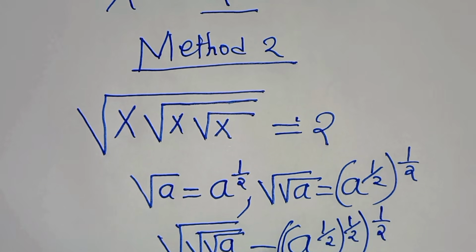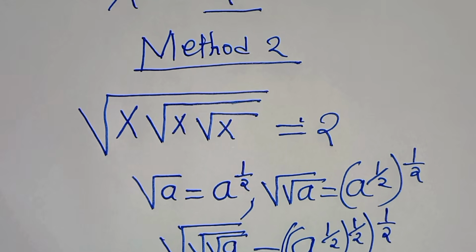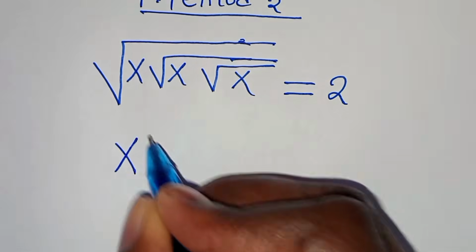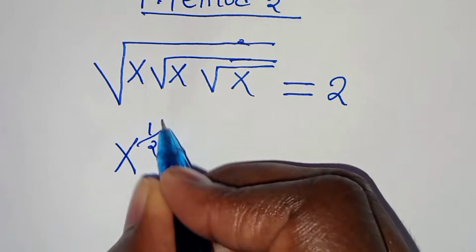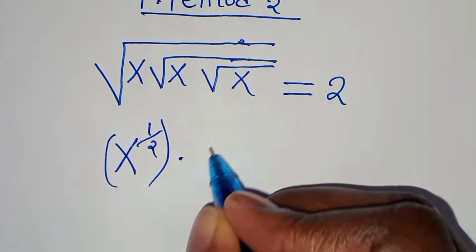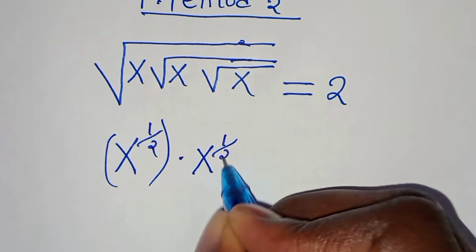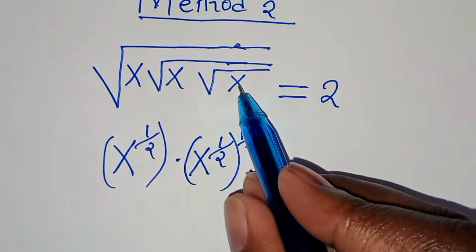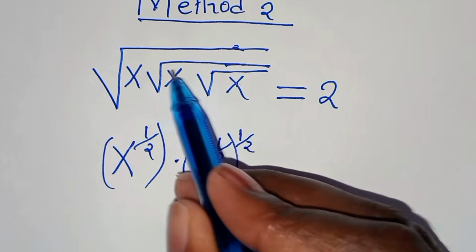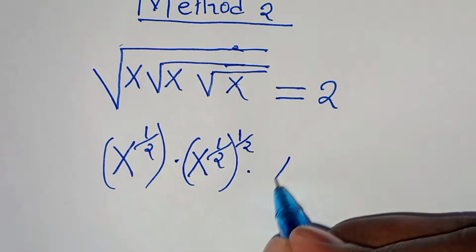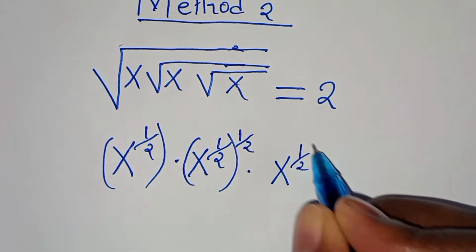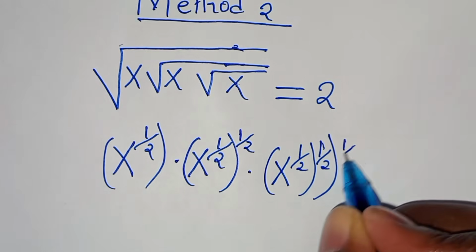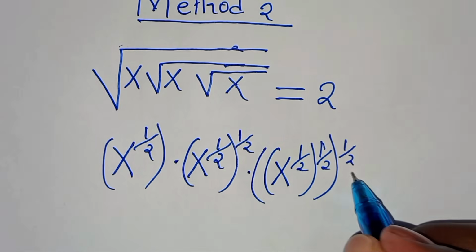Applying this property, it follows that we have x to the power of a half, multiplied by x raised to the power of a half, then raised to the power of a half, times this x here, which is under 3 square root signs. So this is x to the power of a half raised to the power of a half, and then raised to the power of a half, equal to 2.